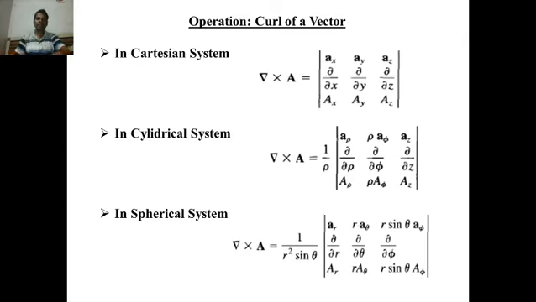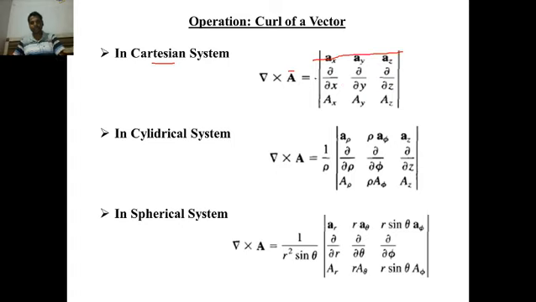The third operation possible with the del operator is the curl operation. In curl, again in Cartesian system, the formula is like this. It is very simple. If vector A is given in Cartesian system, you write down in the first row the 3 unit vectors of that system.